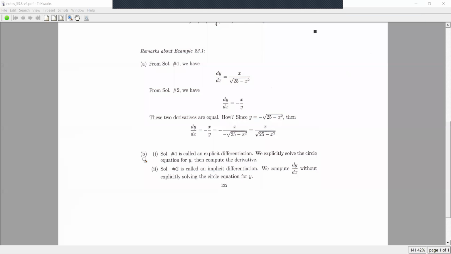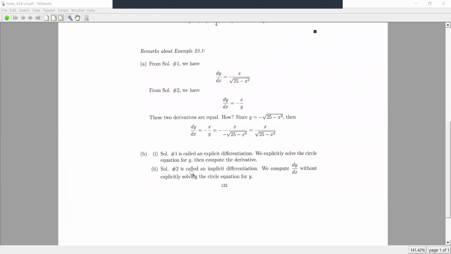Remark number 2. Solution 1 is called an explicit differentiation because to compute the derivative, we explicitly solve the given equation for the function y. After we get the function, then we compute the derivative of the function.